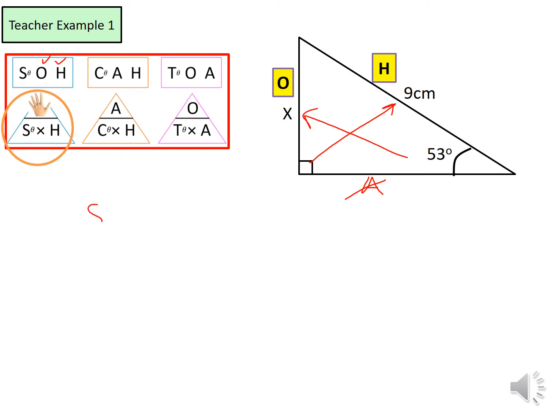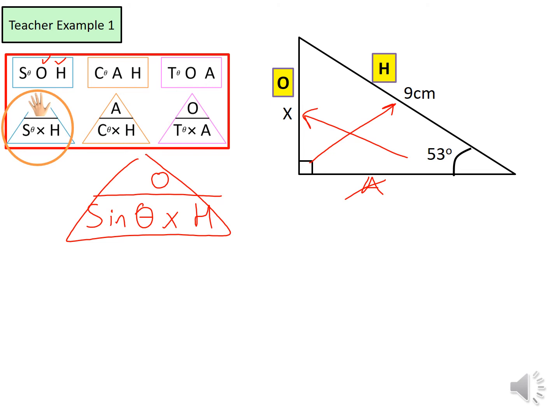So you're going to write down sine theta equals opposite over hypotenuse. The one we are trying to work out is the opposite, so we cover it, and then we have sine angle times the hypotenuse. So write that down, sine theta times the hypotenuse.